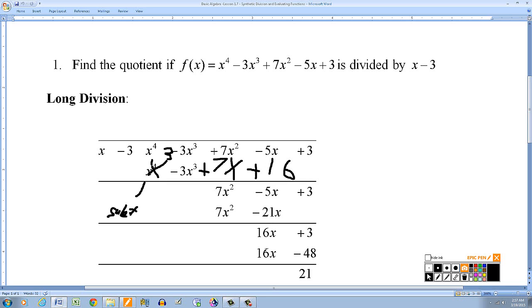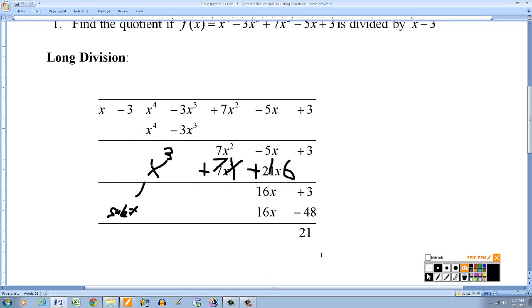So 16x minus 16x cancels to 0. And then 3 subtract minus 48 becomes a plus 48, so 48 and 3 is 51. Okay, so this should be 51 here.